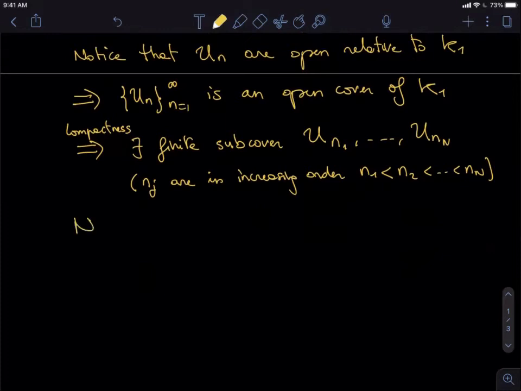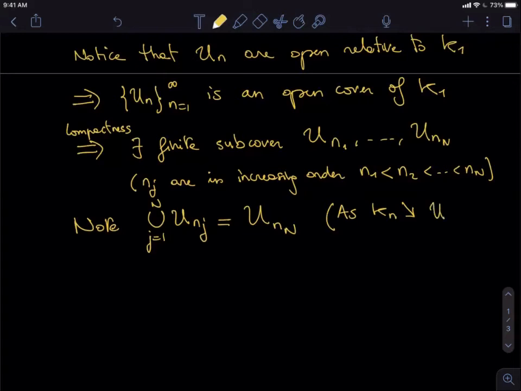Notice that when we take the union of all these U_{nj} from 1 to N, the union is equal to U_{nN}. How do we know this? Because the K_n are nested, and as n grows, the K_n becomes smaller, and that means that the U_n become larger.